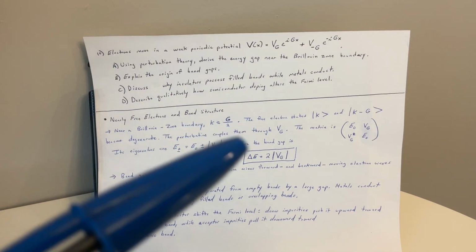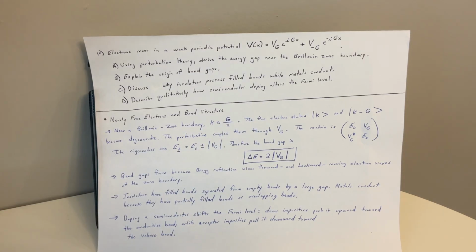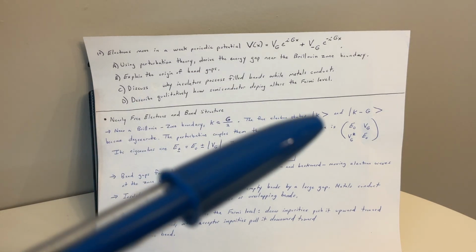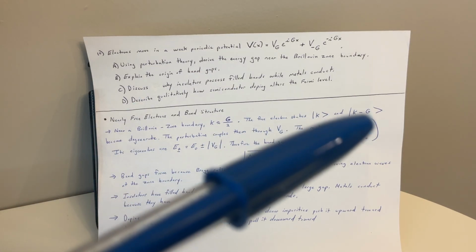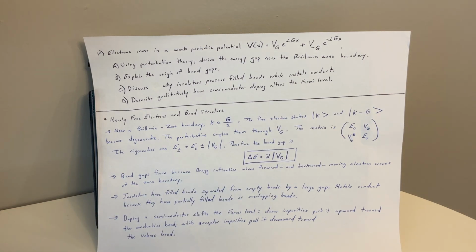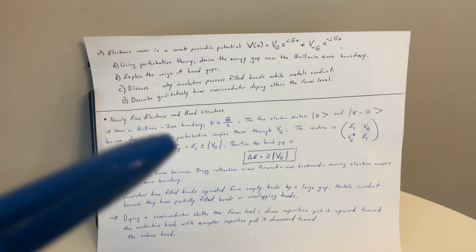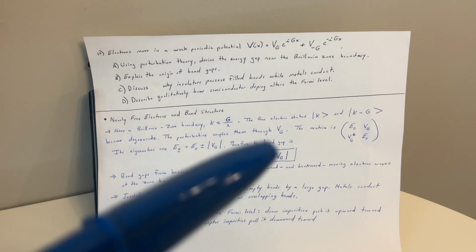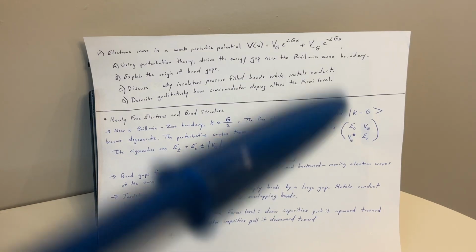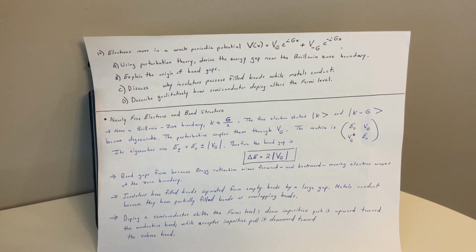k is about G over 2. The free electron states, the ket k and the ket k minus G, become degenerate. Perturbation couples them through V sub G, and the matrix has components E naught, V sub G in the first row, second row, V sub G star, E naught.